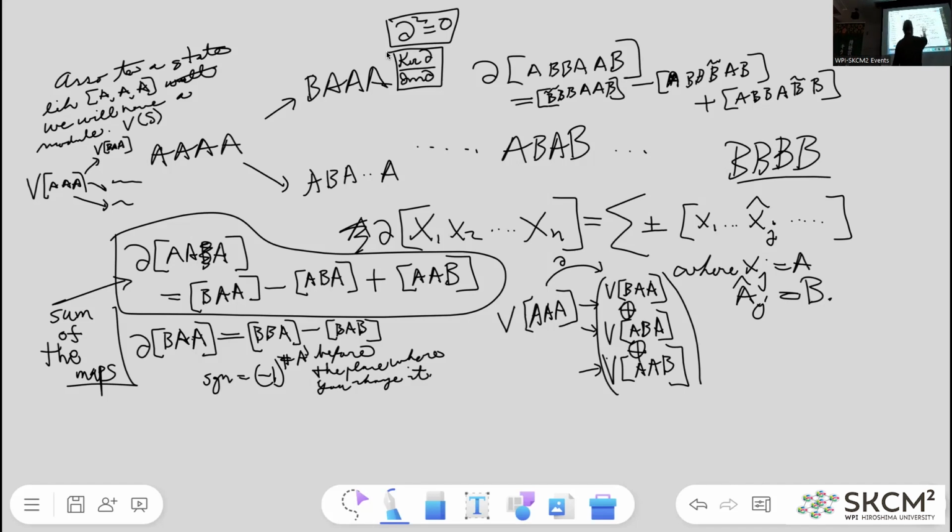Then I would end up with the picture of the cube, or the edge of the cube mapping to the other edge of the cube. If I play around with it, I would end up with the picture of the decomposition of the two-dimensional cube into those parts.